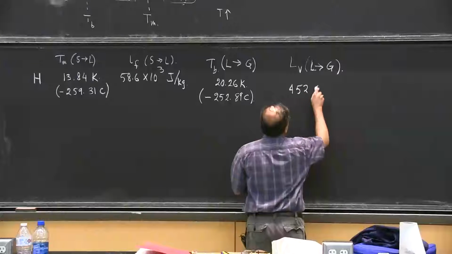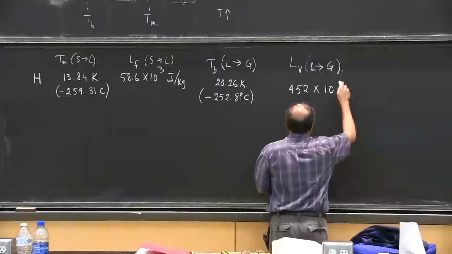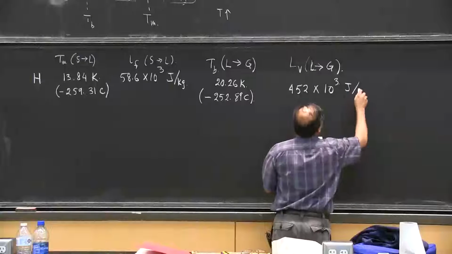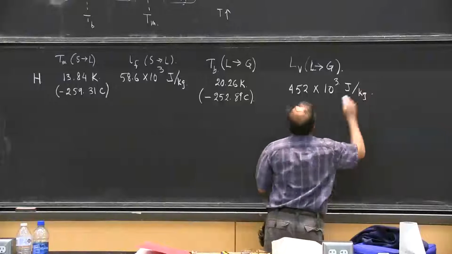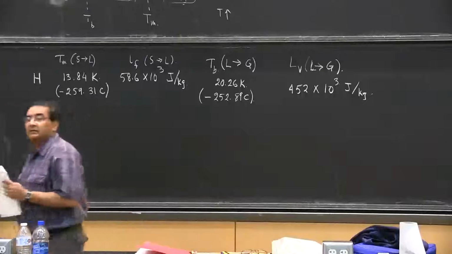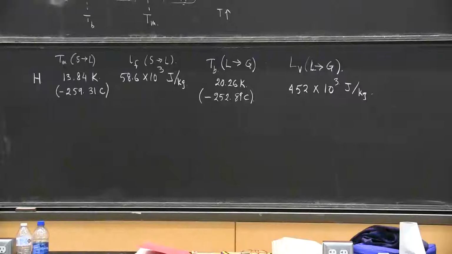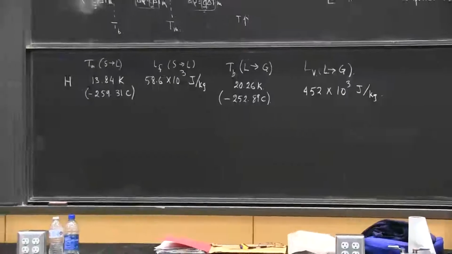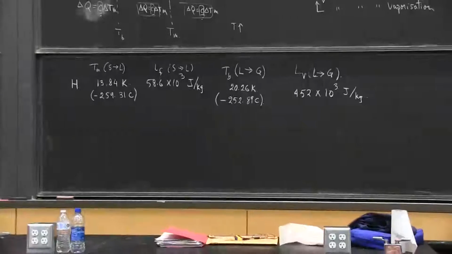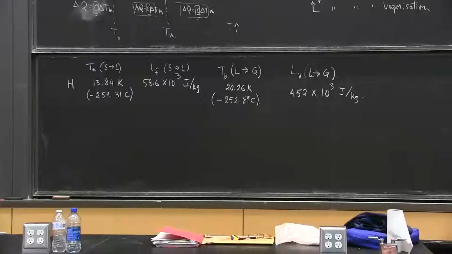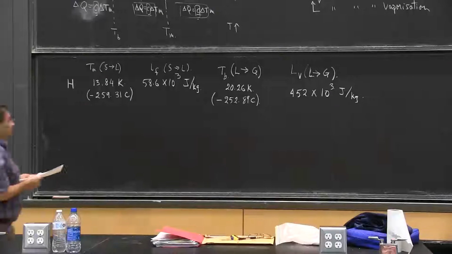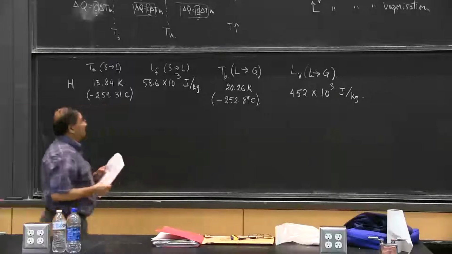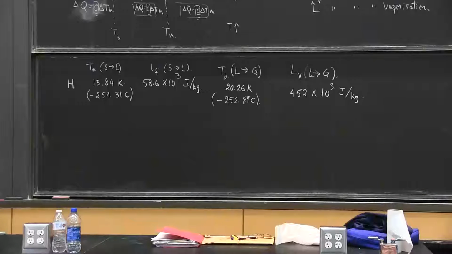Hydrogen can actually suck in a lot of heat as a gas, and it's 10 to the 3 joules per kilogram. So as you can see, hydrogen is a very important gas for us. We have a lot of hydrogen in our atmosphere, and one thing hydrogen does is hold a lot of energy, because 1 kilogram of hydrogen requires that much energy to go to the gas phase itself.